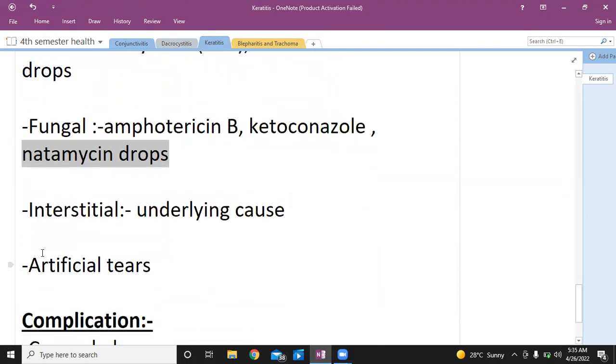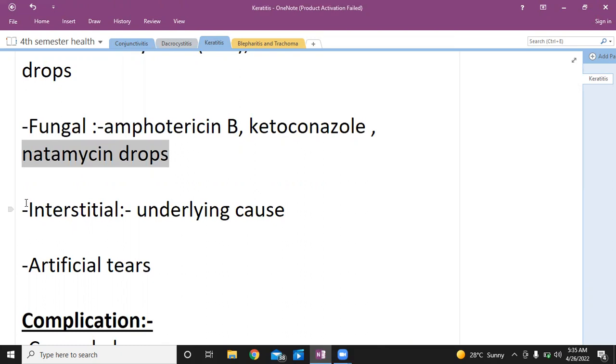Interstitial keratitis, as I have told earlier, is not directly an inflammation of the cornea, but is actually due to some other disease present inside your body.